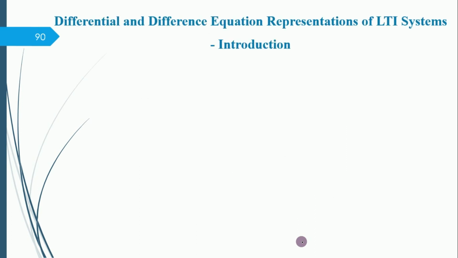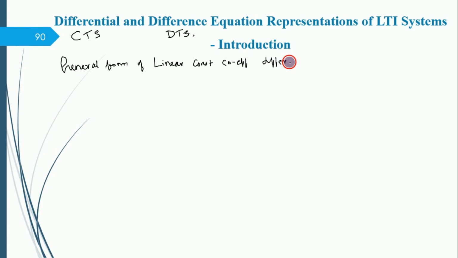The next topic, part 2 of chapter 2, is differential and difference equation representation of LTI systems. I'm covering only the introduction in this session. Differential equations we use for continuous time systems, and difference equations we use for discrete time systems. So we write a general form of a linear constant coefficient differential equation.